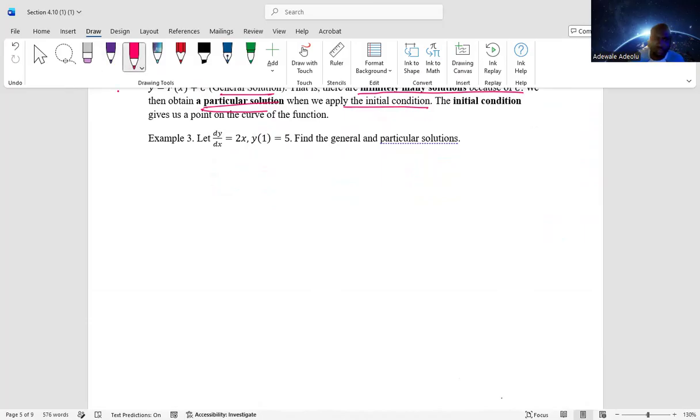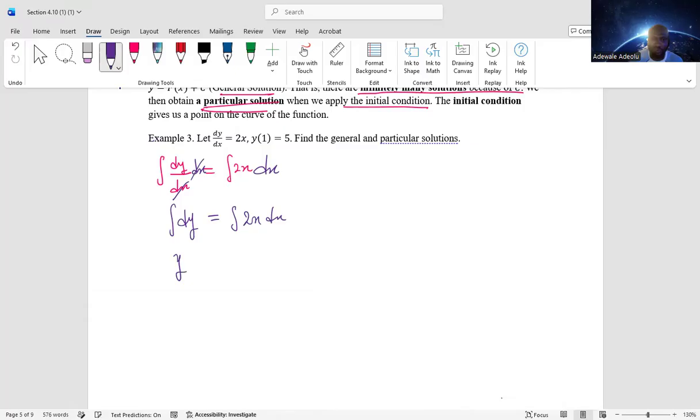Now, let us try to solve this problem. To find that function y, we just need to do this: integral of dy/dx equals integral of 2x. So we are integrating. Since you have this sign, you have to introduce the dx. So we have integral dy equals integral 2x dx.